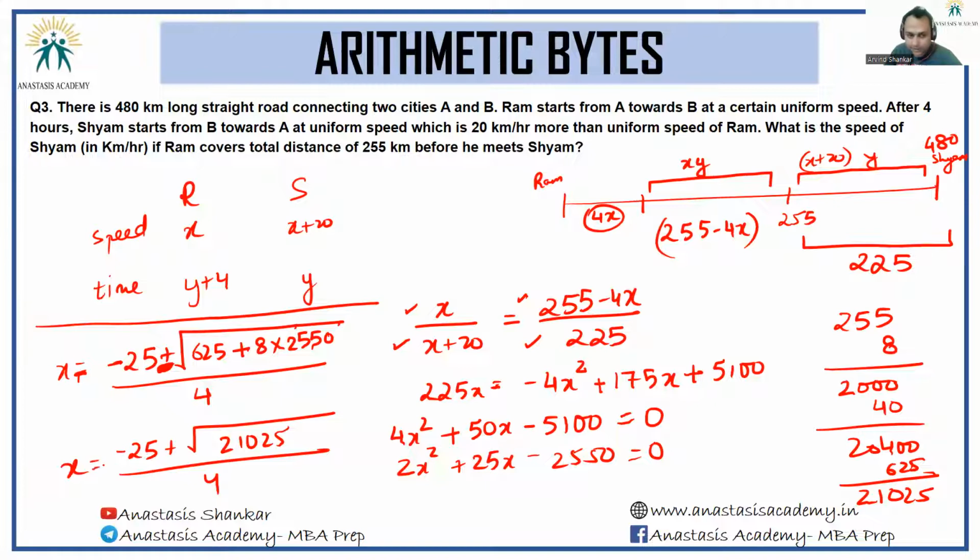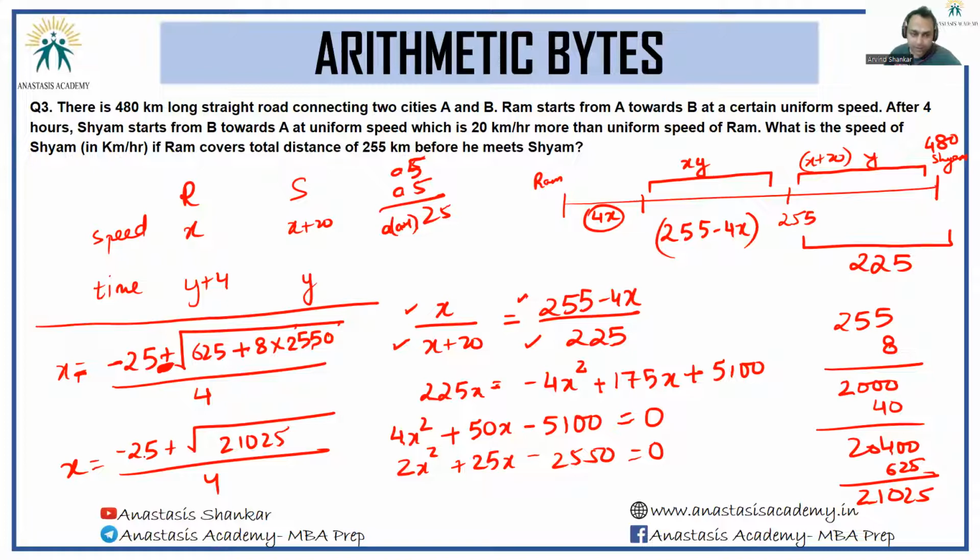Hopefully you can see why this is nice. We know how to multiply a number ending with 5 by itself. This is 25, and here I get A into A plus 1. If you can see that here, 25 you've got, and 210 is 14 into 15. Basically, under root of 21025 is 145.